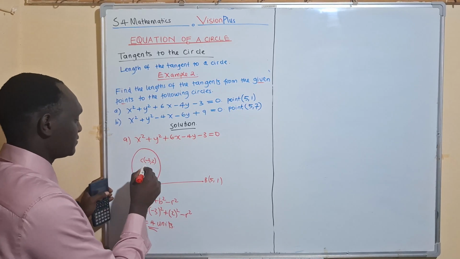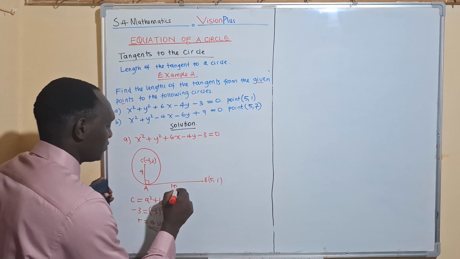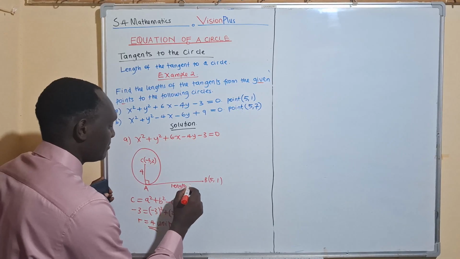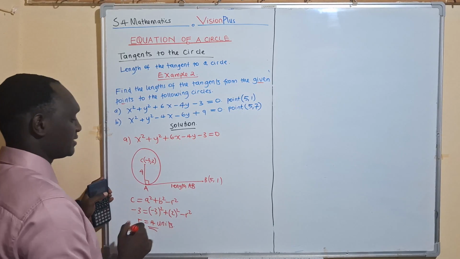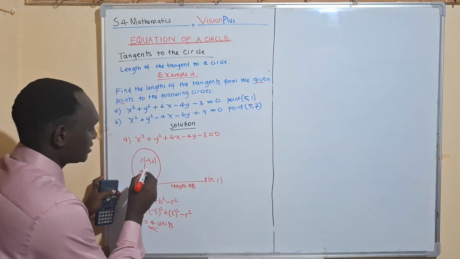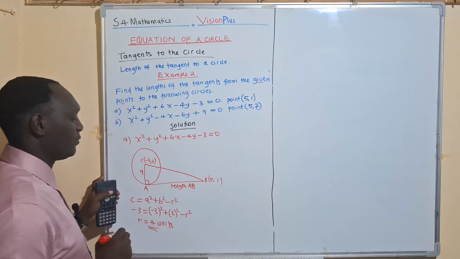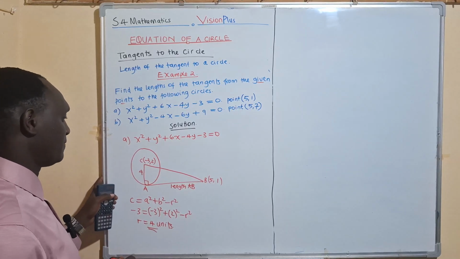Now we know the distance from C to A, and we are looking for this length, which is the length AB. That is the length of the tangent. So for us to get that, we must know the distance from the center up to that point B, where the tangent comes.